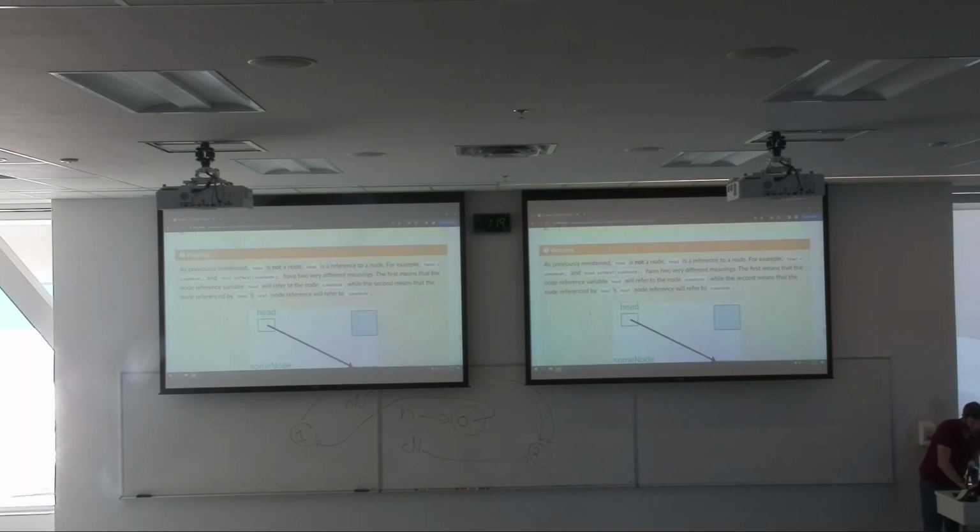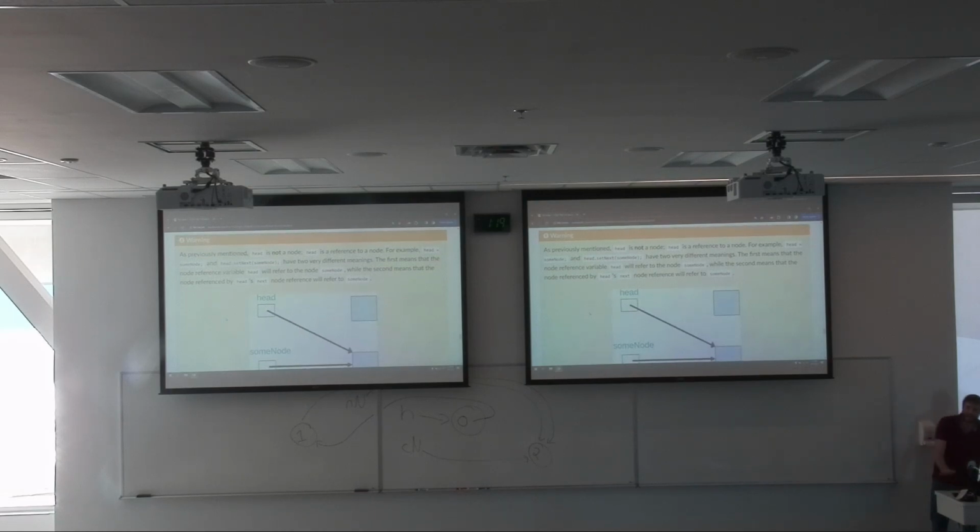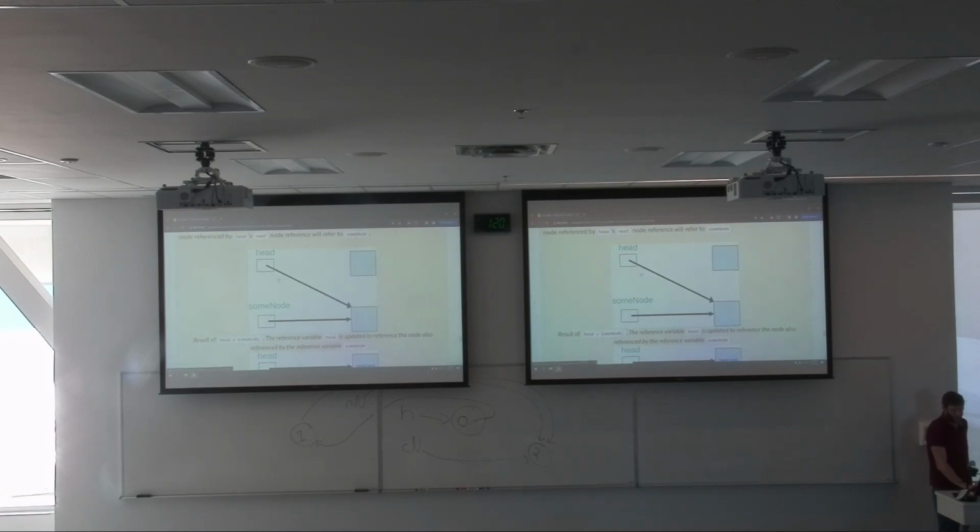Now, head is not a node. This warning is very important. Head is a reference to a node. Head equals some node and head dot set next to some node mean 2 entirely different things. This is the result. Imagine head references this and new node references this. Saying head equals new node does that.